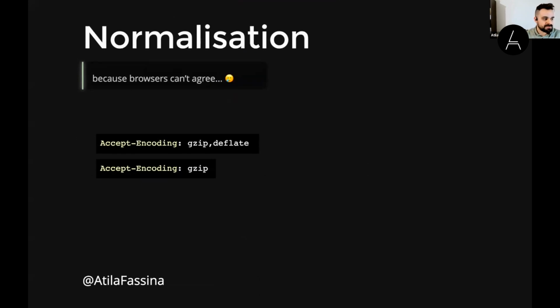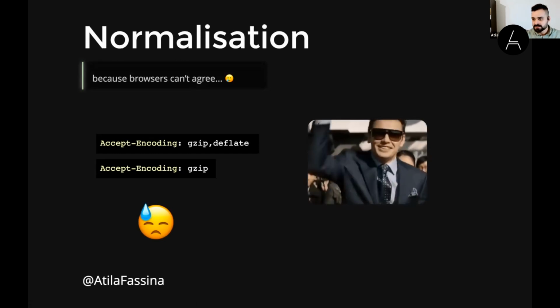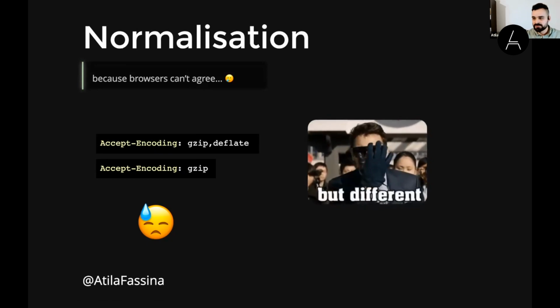Take this example, for instance. We have two different ways that Accept-Encoding is declared. So this is probably like Safari and Chrome or whatever, different browsers. One of them is saying gzip, deflate, and the other is saying gzip. In the end, what your CDN is going to do is send a gzip response. So you're going to have the same response, but because the header is different and you didn't normalize it, the cache in the CDN is going to be different.